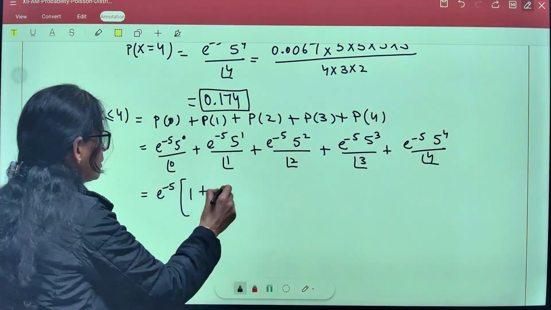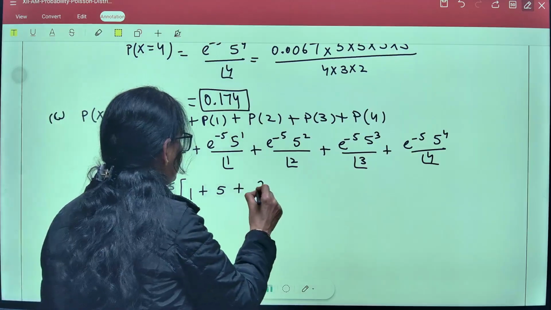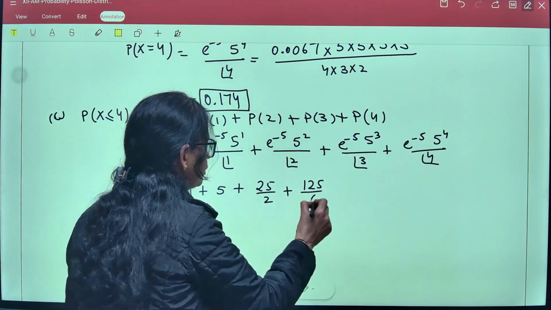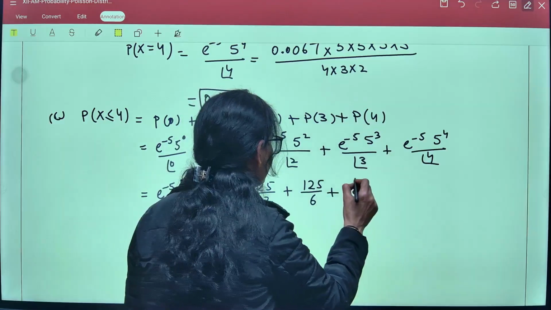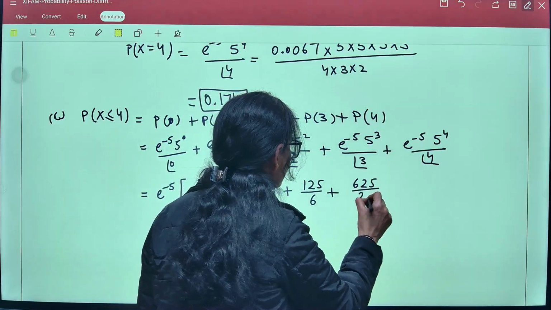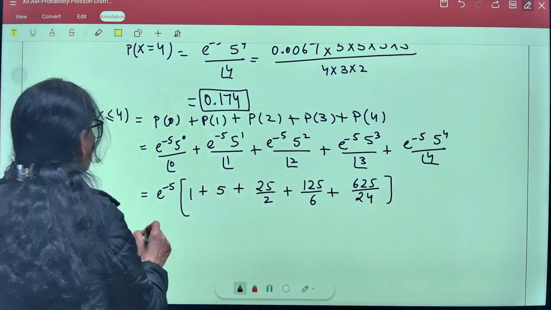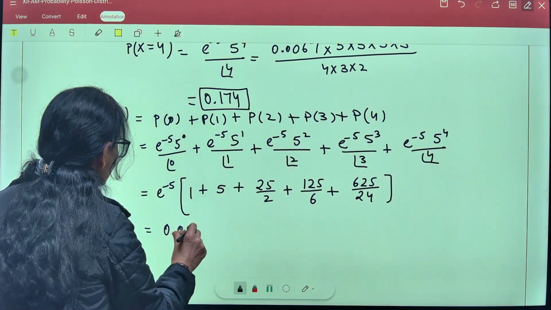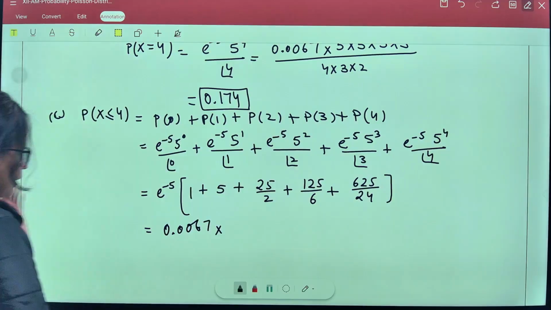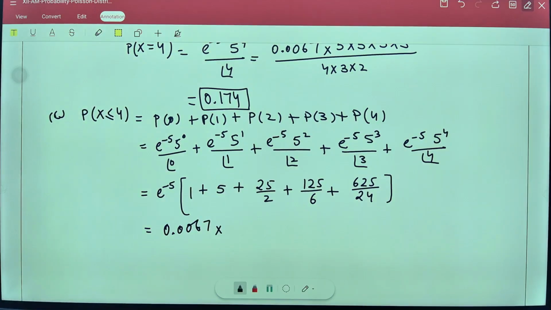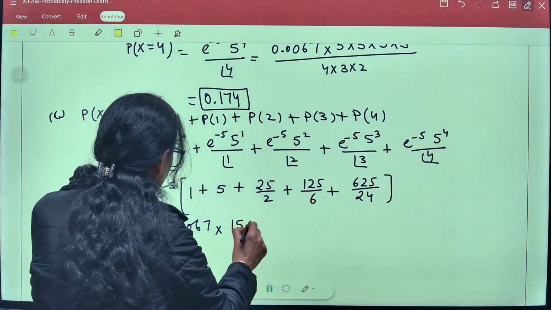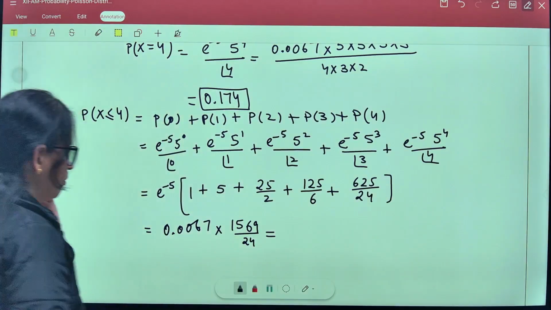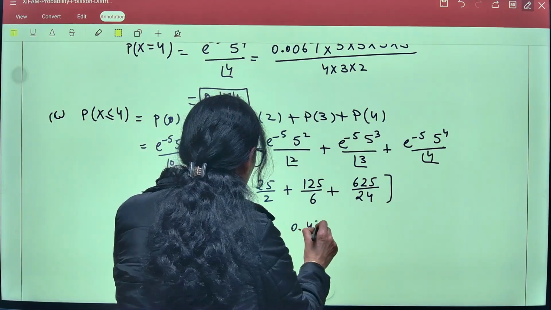So we have 1 plus 5 plus 5 square is 25, 25 by 2, 5 cube is 125 upon 3 factorial, which is 6, and then 5 to the power 4 is 625 upon 4 factorial, which is 24. So e raised to power minus 5 is 0.0067 multiplied by the sum of all these values, which comes out to be 1569 by 24, and on doing this final calculation, the probability is 0.438.